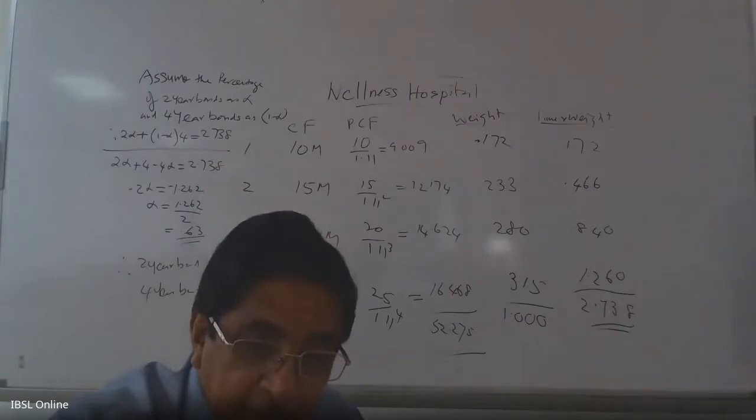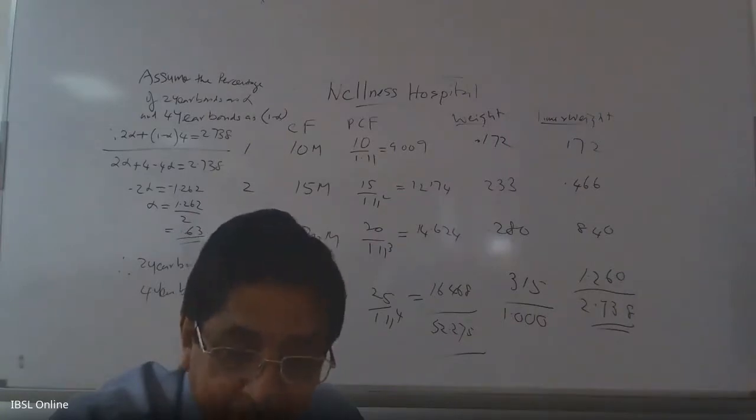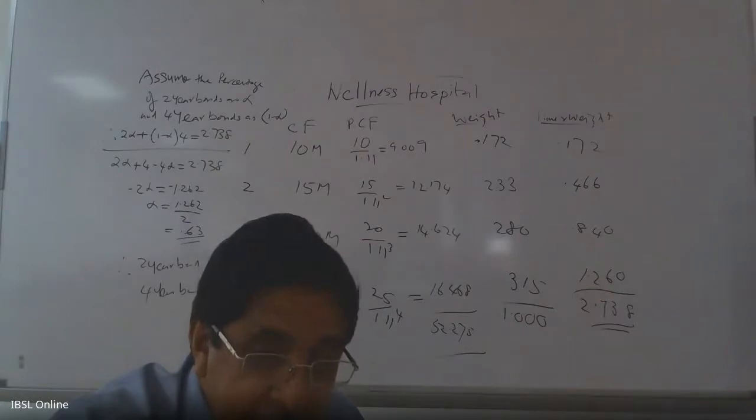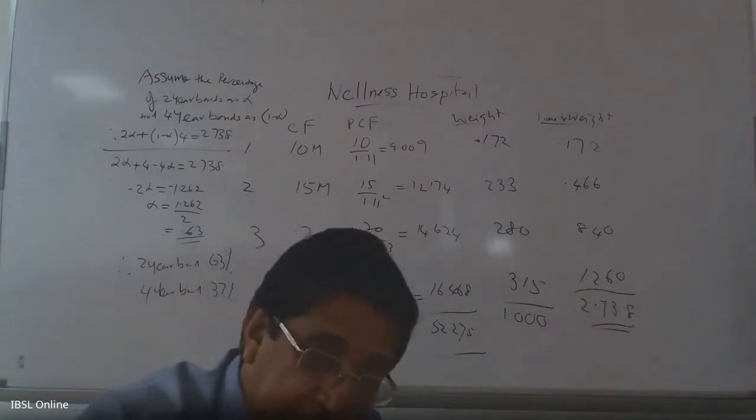Now, in order to get the beta value calculated, you need to apply the capital asset pricing model. As per the capital asset pricing model, equilibrium return is equal to risk-free rate plus market return minus risk-free rate into beta. From that equation, you can get the beta calculated.